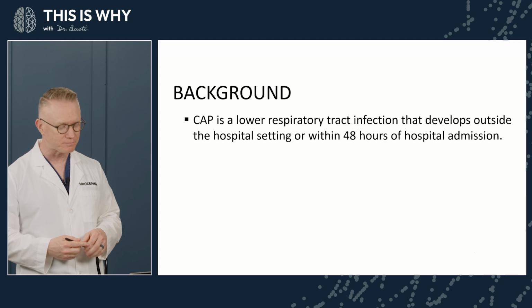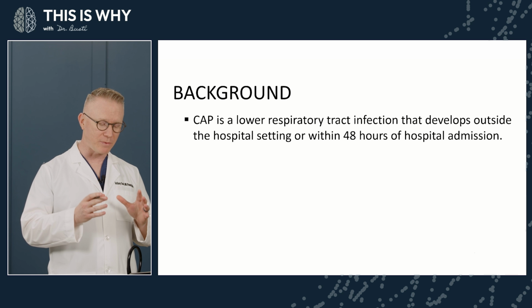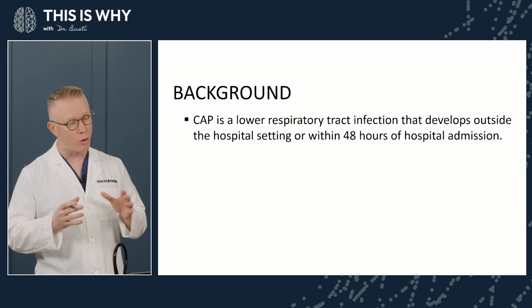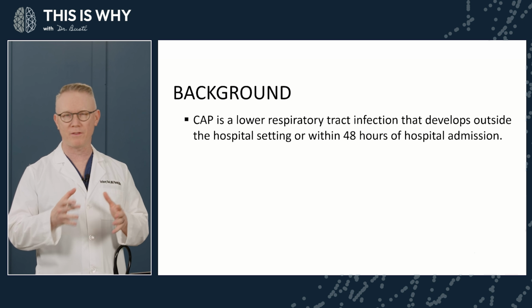Okay, so with that, let's jump into a little bit of background information. Community-acquired pneumonia is something that develops outside of the hospital setting or within 48 hours of hospital admission.